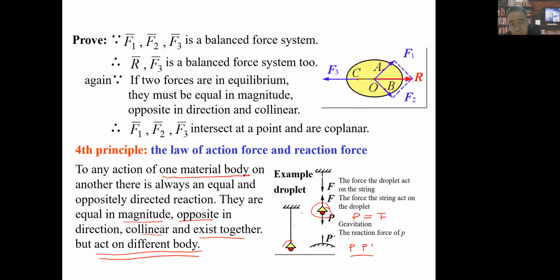You know, if we imagine that we cut this rope, this string, into two parts, actually this F affecting the object is from the upper one. This upper one pulls this lamp, preventing it from dropping to the ground, right?